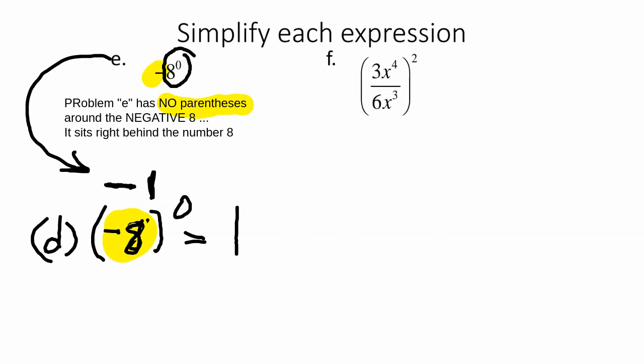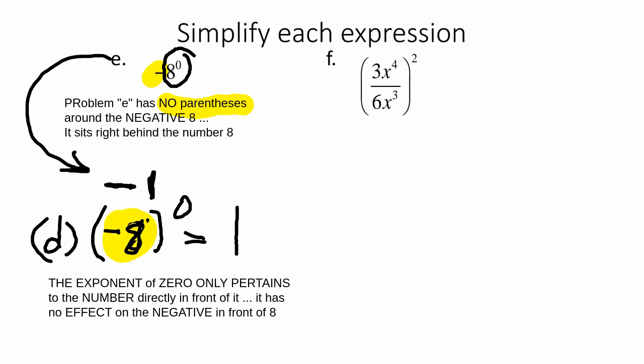Now, the exponent of 0 only pertains to the number directly in front of it. It has no effect on the negative in front of 8.